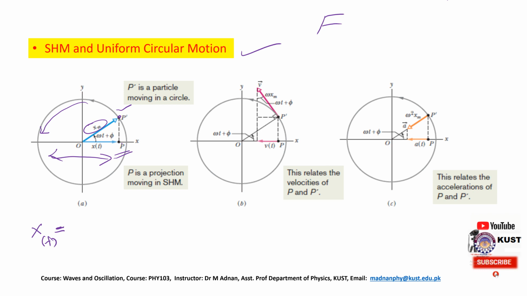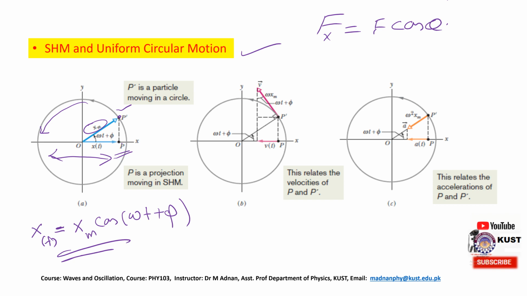Once we have a force F, then the x component Fx is F cos theta. So here this x component x of t is the vector times cos of the angle. So we have x of t equal to xm cos of omega t plus phi, which is the same as we obtained for the simple harmonic oscillator.